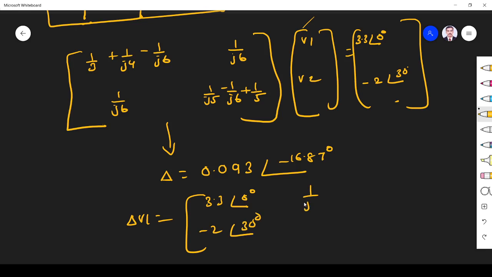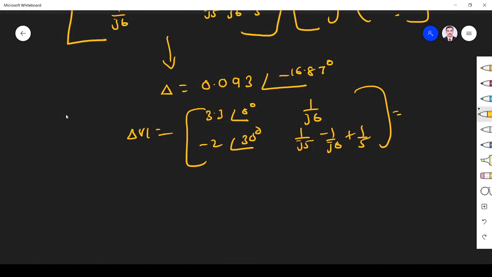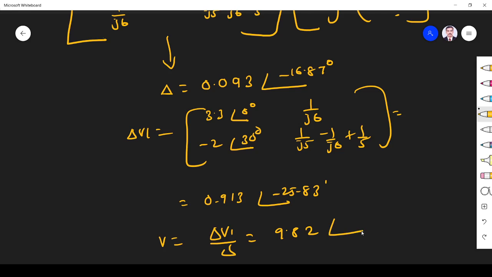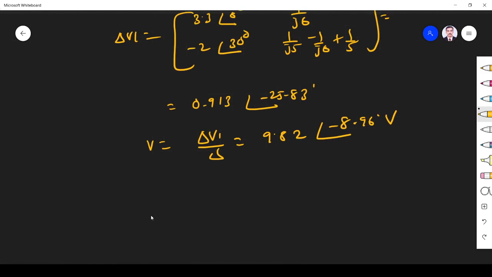The second column will be as it is, 1 by j6, 1 by j5 minus 1 by j6 plus 1 by 5. If you simplify, it gives 0.913 angle minus 25.83. So V1 is equal to del V1 by del, this one. If you simplify, what you get is 9.82 angle minus 8.96 volt.